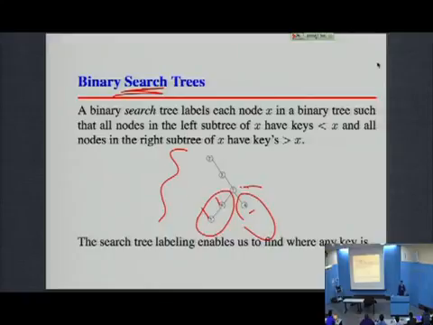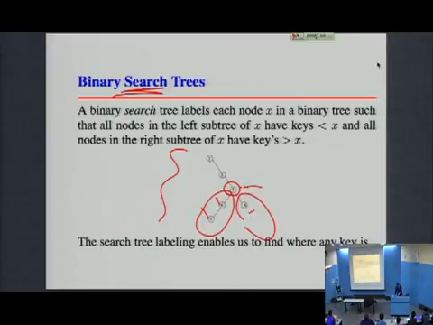And 8 is there. A binary search tree has the property that every node is labeled with a key, and everything in the left subtree is always less than the node at its root. Everything in its right subtree is greater than its root. Any questions about what the labeling property is? Any questions?